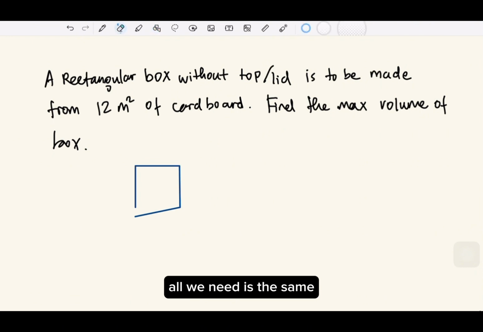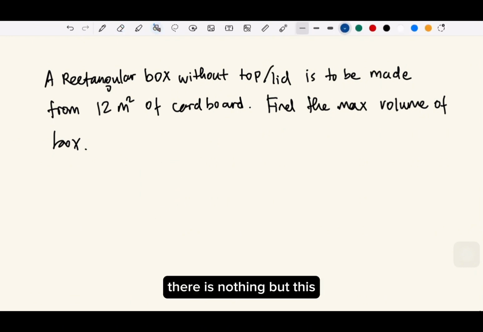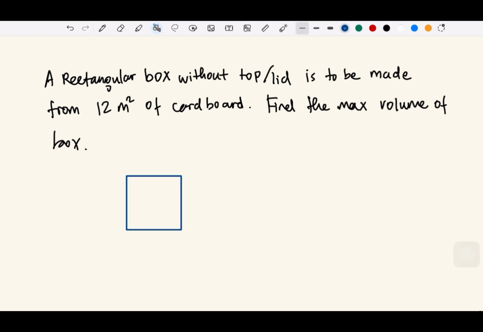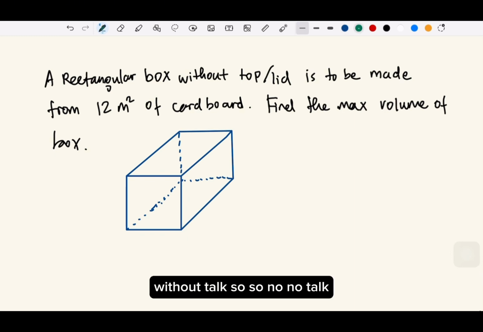Or maybe let me design with this. So without top, so no top.